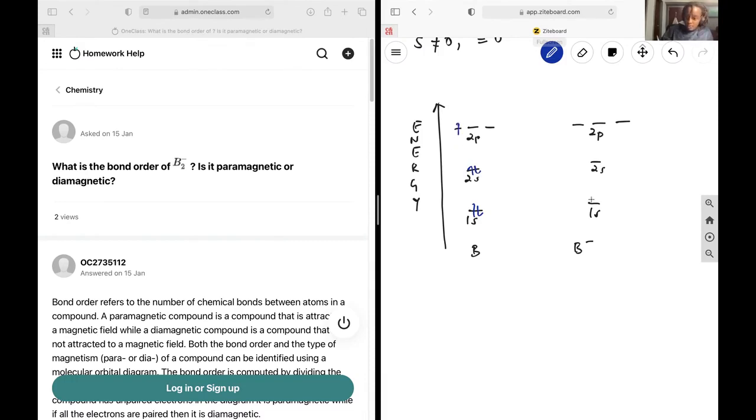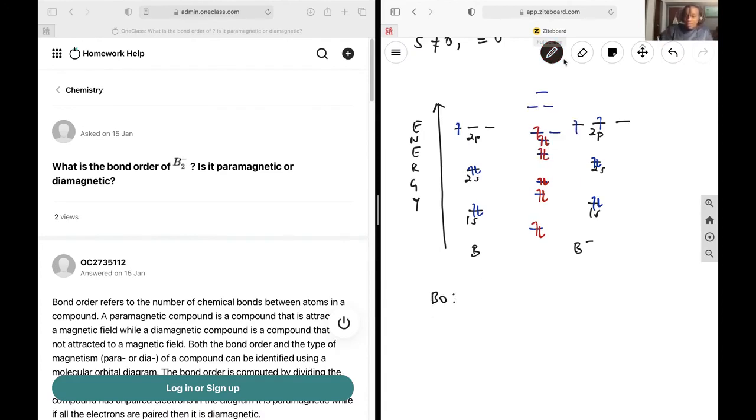And B minus will have an additional one. Okay, let's go about filling in the molecular orbitals, and then filling in the electrons. Okay, and now we can go about calculating the bond order.